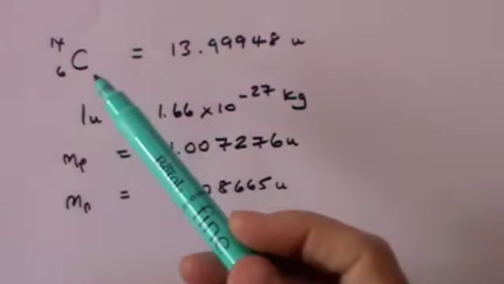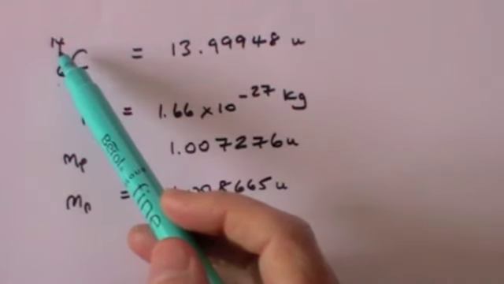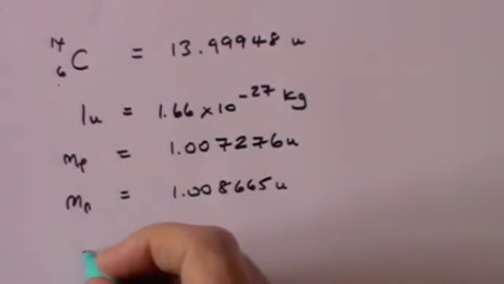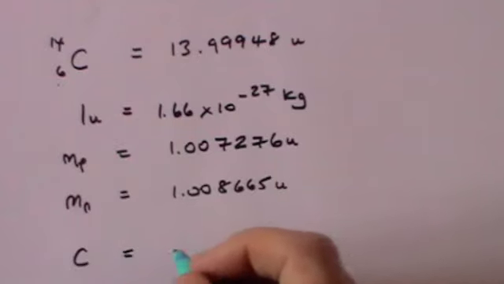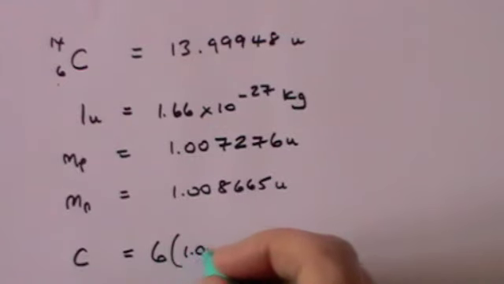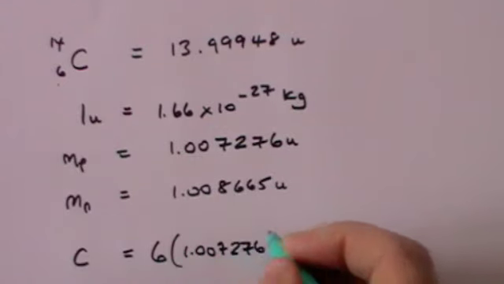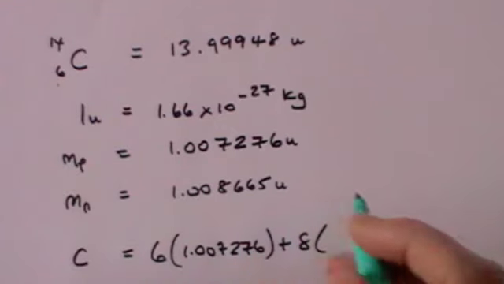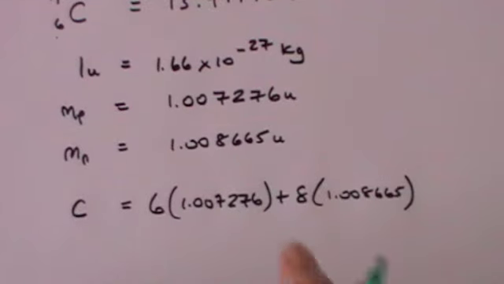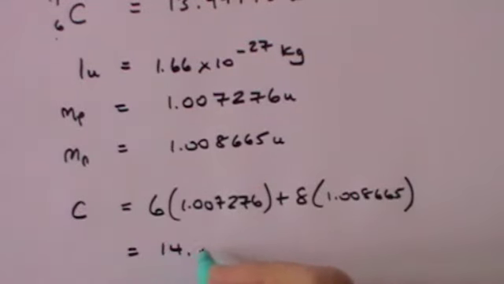Well, we know that a carbon atom has 6 protons. If it has 14 nucleons, it must have, by definition, 8 neutrons. So you would expect the carbon atom to have 6 lots of proton masses, which is 6 times 1.007276, plus 8 lots of neutron masses, which is 1.008665, and that comes to 14.112976 atomic mass units.